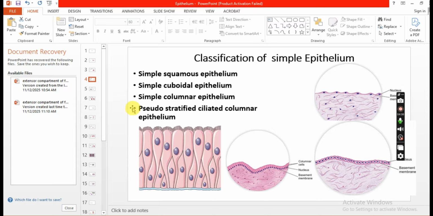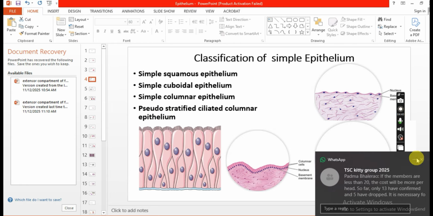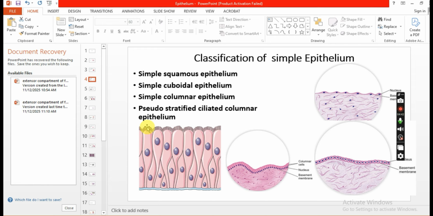The fourth variety is actually a single layer, but it looks like a multilayer, hence it is called pseudostratified columnar epithelium. It's a single layer but appears like a double layer, hence it is called pseudo. Pseudo means false, you know it.